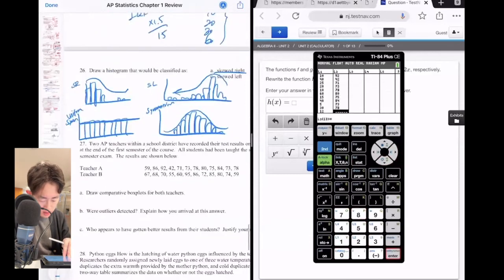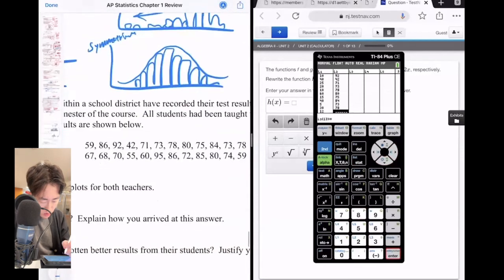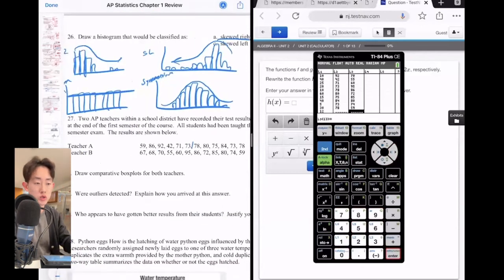That should be 12 data values. Next one, 67, 68, 70, 55, 60, 95, 86, 72, 85, 80, 74, and 59. All right, so I have teacher A and teacher B in those two lists.